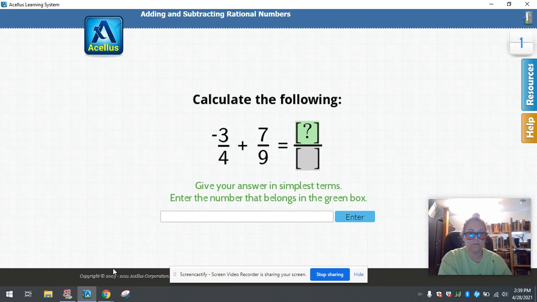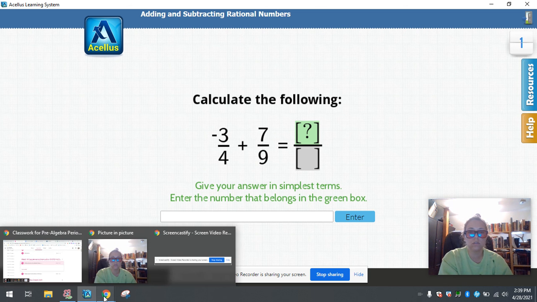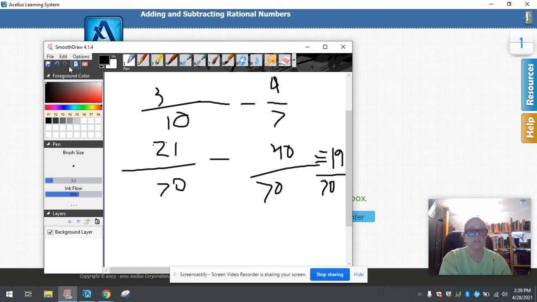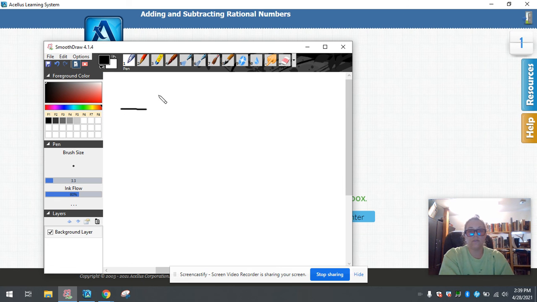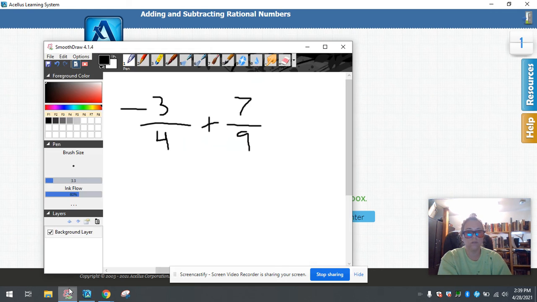Okay, I have time for one more. -3/4 plus 7/9. Find a common denominator. 4 times 9 is 36.